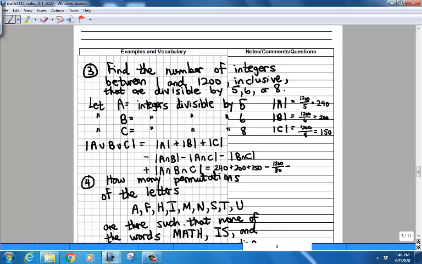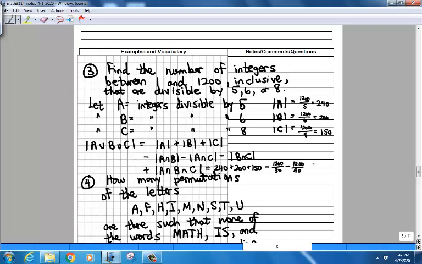What about A intersect C? That's going to be numbers divisible by both 5 and 8. If a number is divisible by both 5 and 8, that means it's divisible by the product of 5 and 8, which is 40. And that's easy to compute. The number of integers between 1 and 1200 divisible by 40: there would be 1200 over 40 of those.